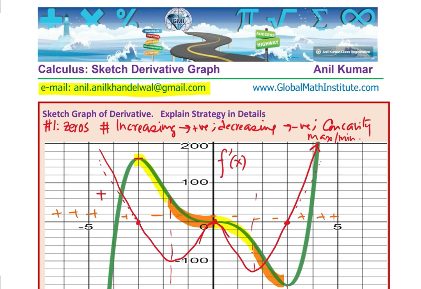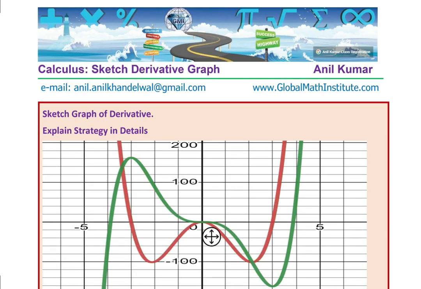So let me summarize and show this in a neatly sketched graph, right? So there you go. So here again, we have seen the derivative of the function, where the function was given in green, correct? As you can very clearly see from the graph, the correspondence. The turning points reflect zeros, correct? This is also a 0 of order 2.